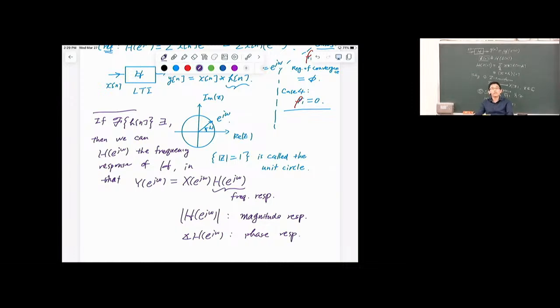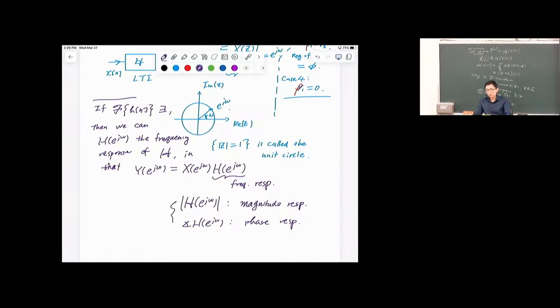Okay? For every frequency, we can calculate the gain, the magnitude response, and the phase shift. That's what the phase response is telling us. Right? Okay, so that much about the linear and time invariant system: impulse response, Z transform, and frequency response.